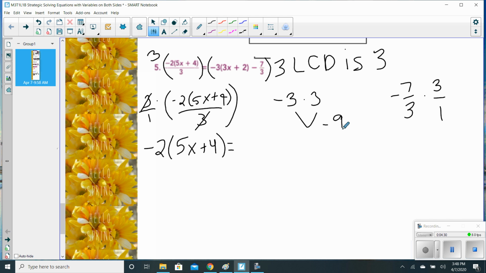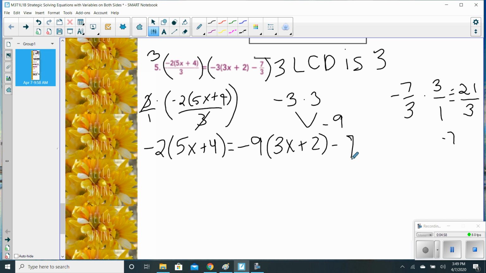And then if we look at the negative 7 thirds times 3, it'll be negative 21 over 3. And negative 21 over 3 is negative 7. So now if we were to write that down here to start completing our equation, we have negative 9 times, and remember that parentheses stays the same, 3x plus 2 minus 7.